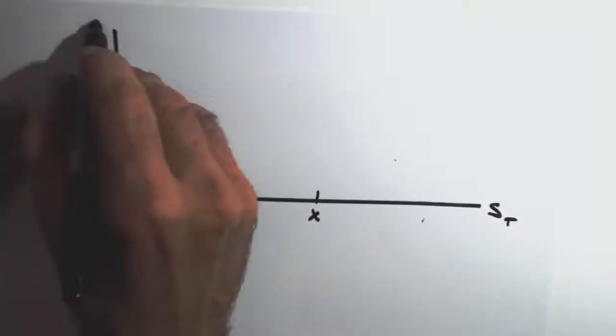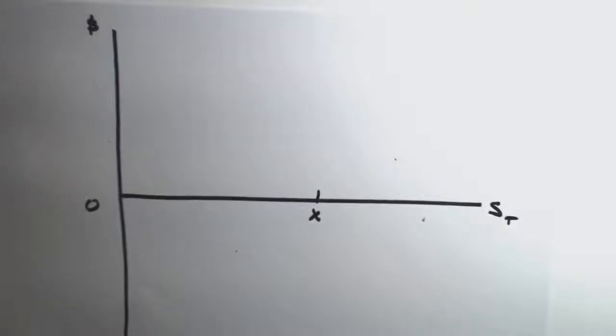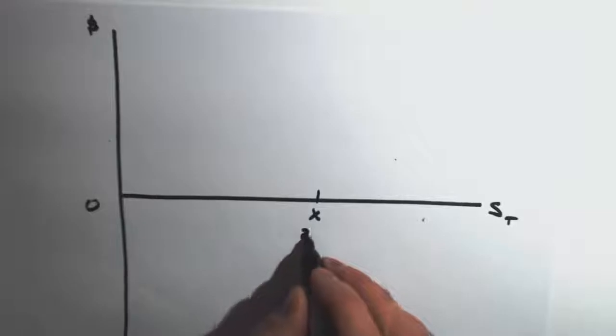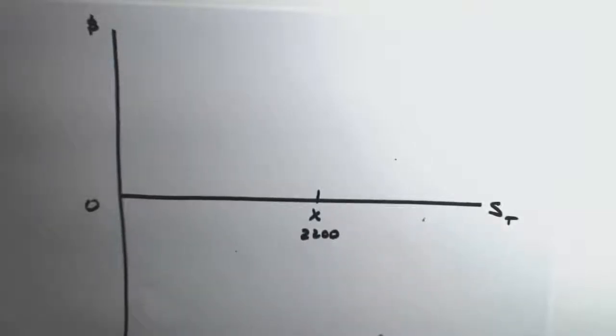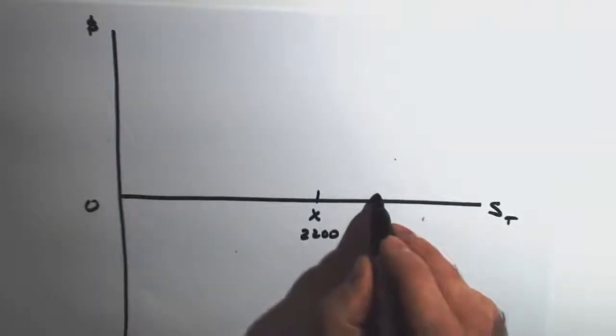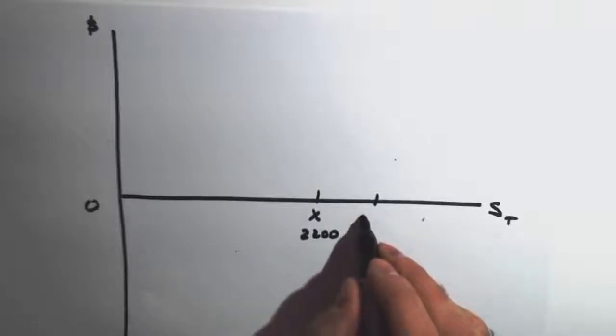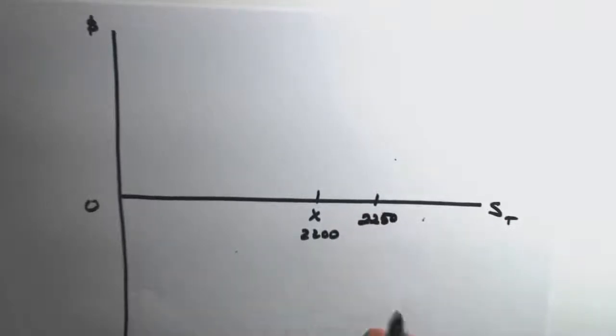I have my sideways T, and I got myself set up here. X is 2200, and the stock price was 2250.